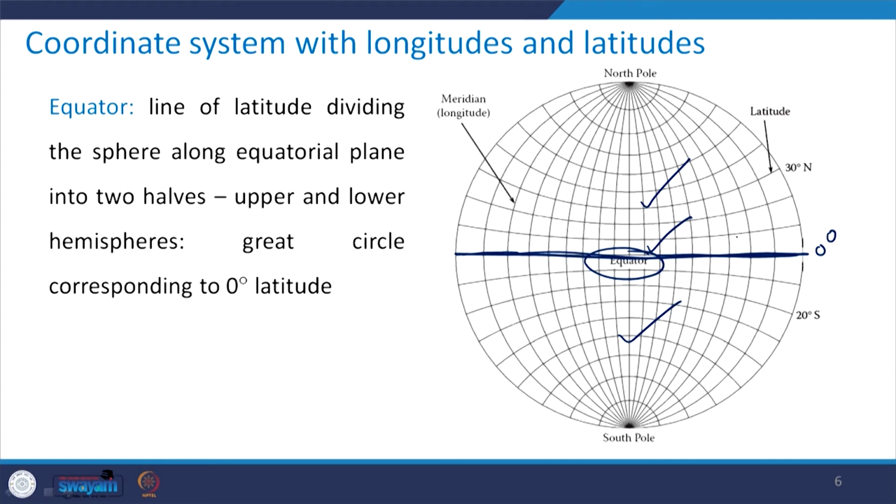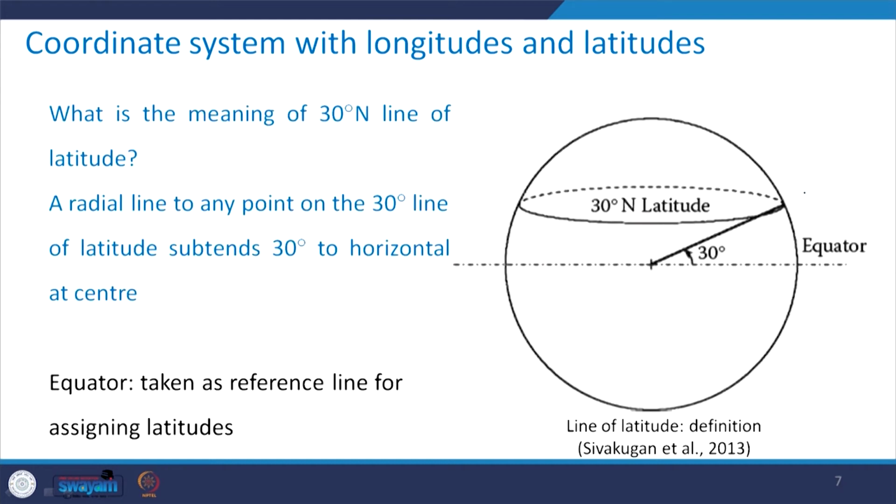Why is this a great circle? Because it is the intersection of a plane with the reference sphere, both having the same center. What is the meaning of the 30° north line of latitude? This picture shows what it means. This is the reference sphere and the equator is there. Along the periphery, you measure 30°. Since it says 30° north, we are moving towards the north.